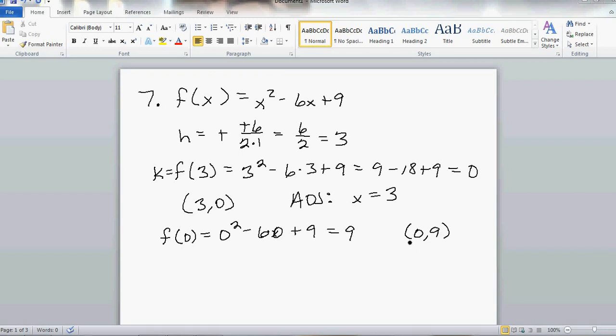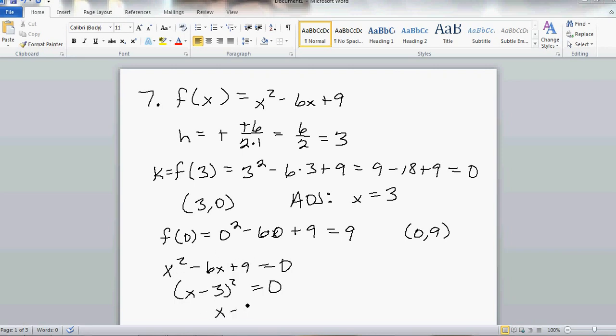That's an easy one. And then the other place that we want to deal with is when we set this equal to 0. So we get x squared minus 6x plus 9, set that equal to 0, and it becomes x minus 3, the quantity squared, because this is a perfect square trinomial.